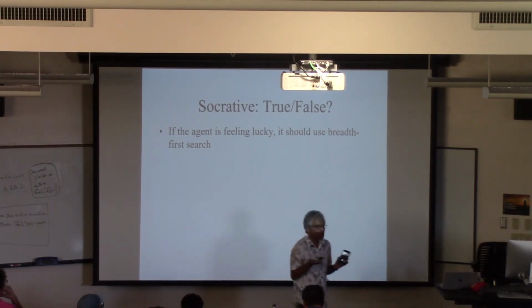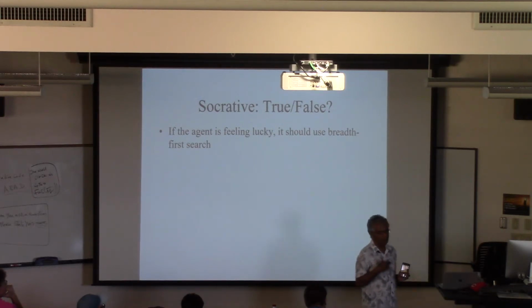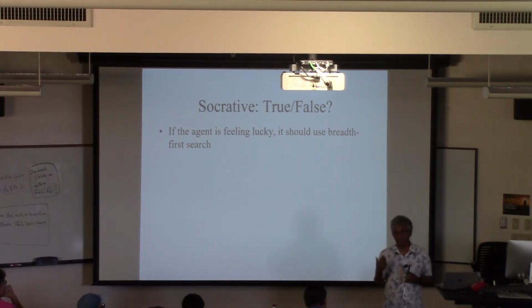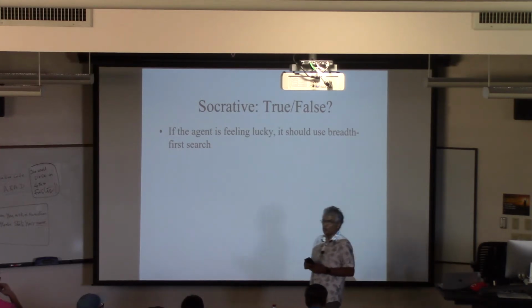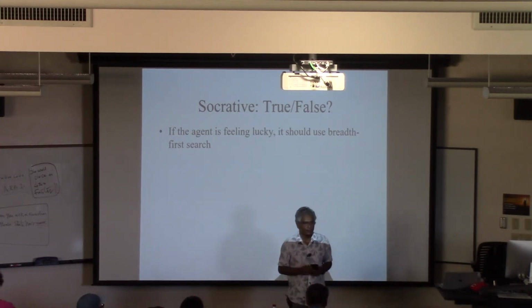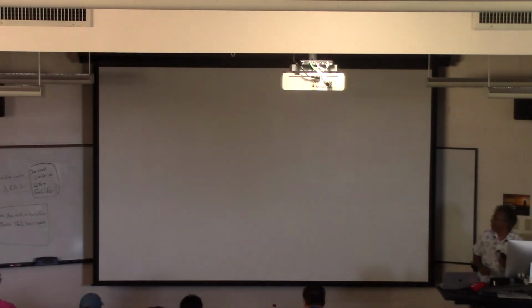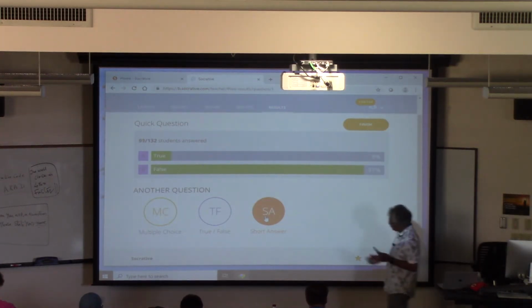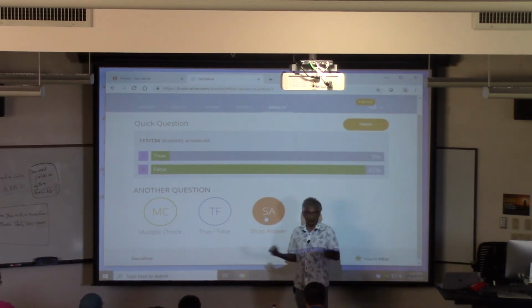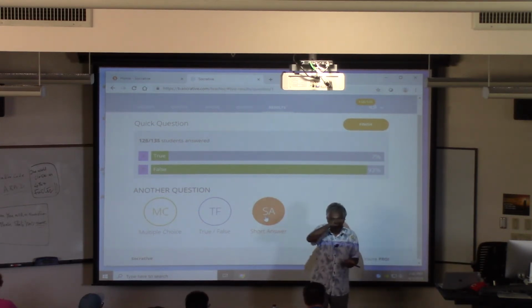The fun part is you know these two search algorithms. You have learned about them in 310. I'm just asking you to take a fresh look. If you are feeling lucky, should you use breadth first or depth first? Okay? So what are people saying? Apparently, you should use depth first because breadth first essentially will go level by level by level by level. If you are lucky, you should do depth first because it might go directly to the goal.